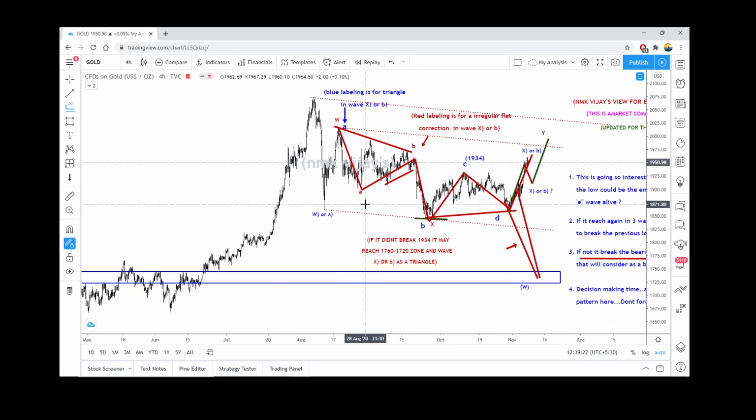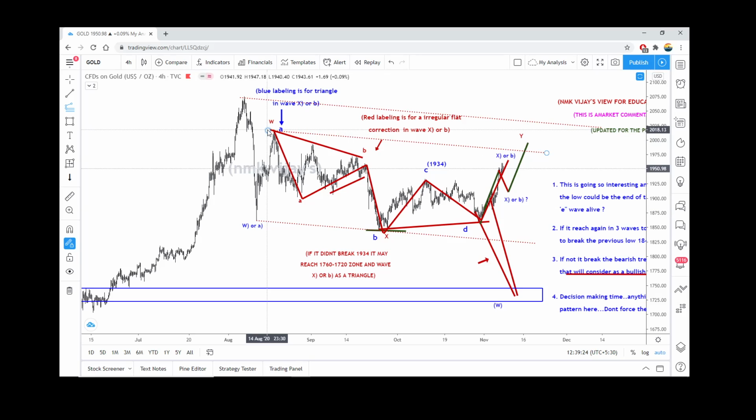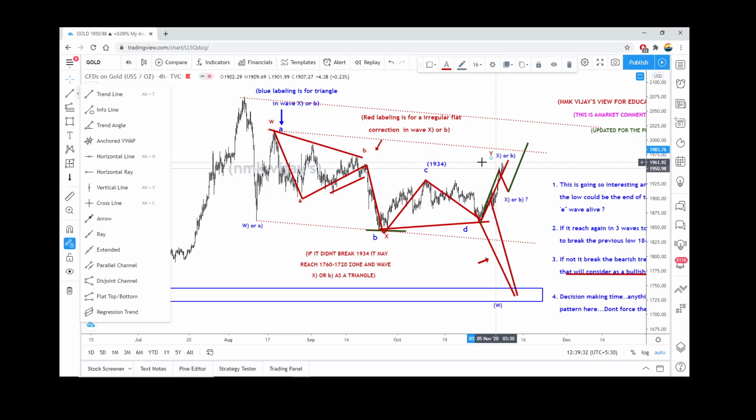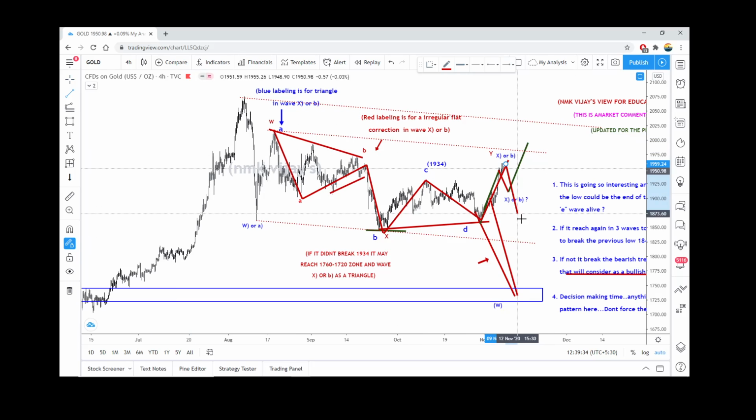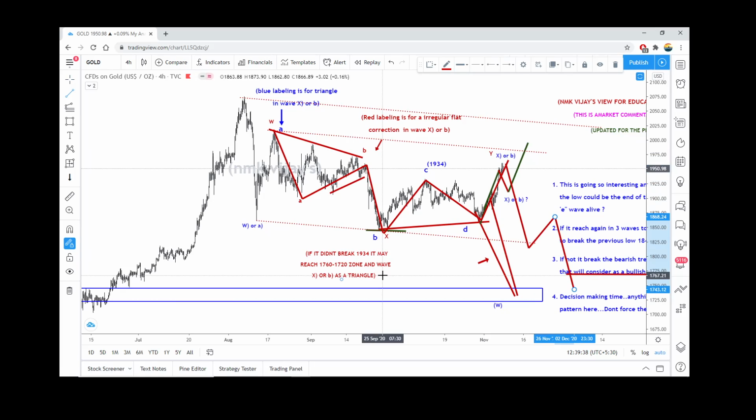So in that case, if this is a W, this is the X, this is a Y means, so this is the W, this is the X, lot of chances for the downside, another three-way structure. So in that case, it is still bearish only still now.